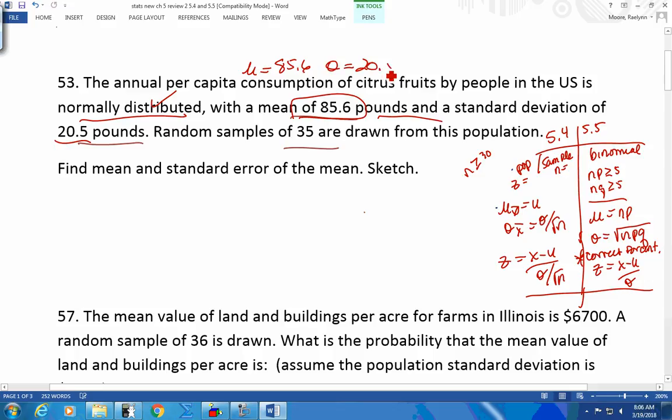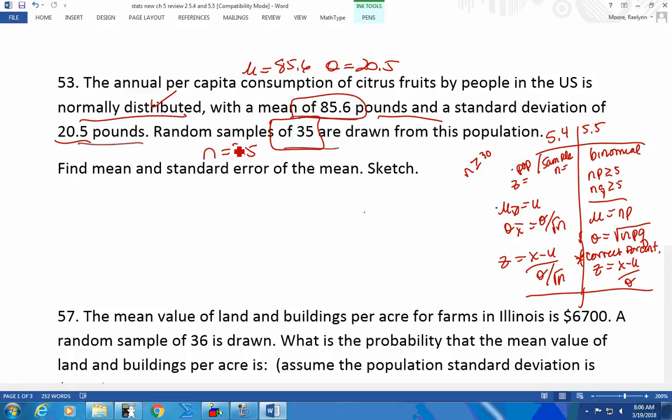So this is your population information. Now, random samples of 35 are drawn. What is that? N. That's my n.